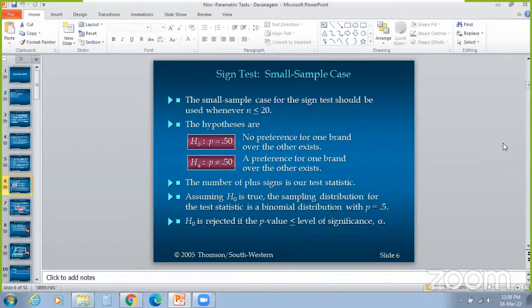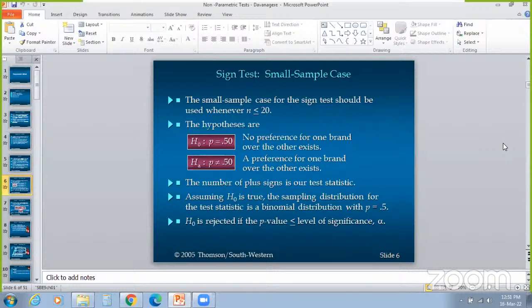If there is a difference, your proportion is not equal to 0.5. That means, for example, 70% of the customers prefer one brand and the remaining 30% prefer the other brand. That is why it is the alternative hypothesis. That is the meaning of equal to 0.5 in the null hypothesis and not equal in the alternative hypothesis.